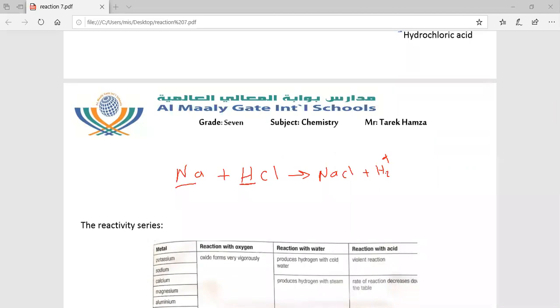When the metal reacts with acid, it displaces the hydrogen from the acid and forms a salt solution. In this example, sodium reacts with hydrochloric acid to produce sodium chloride, and hydrogen is evolved. So the sodium here replaces the hydrogen and forms sodium salt. Understand?